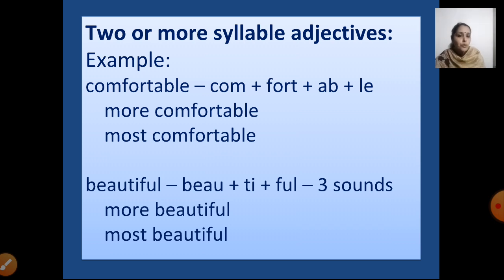So beautiful, I am having three sounds. So I'm going to add more in the comparative degree and most in the superlative degree. So it becomes more beautiful or most beautiful.